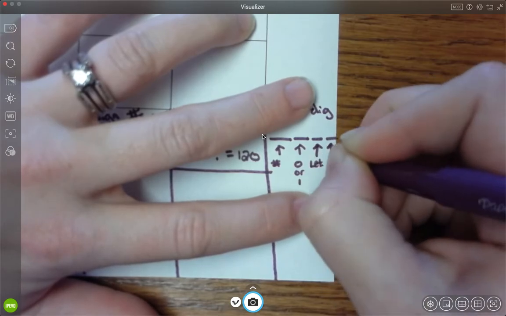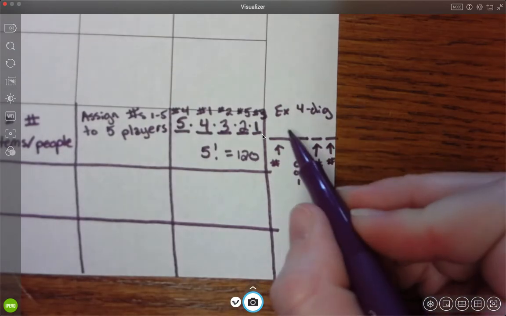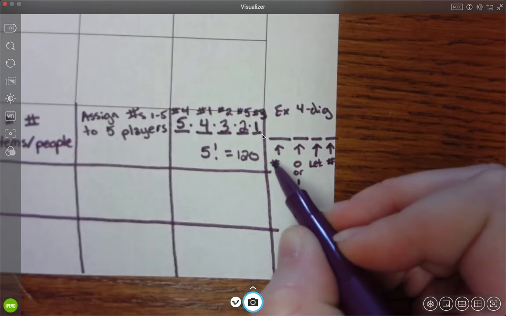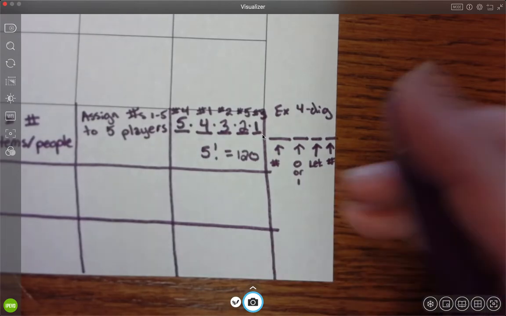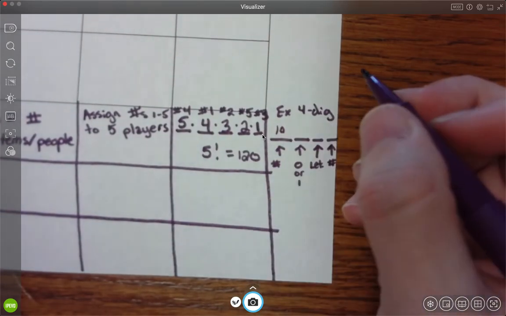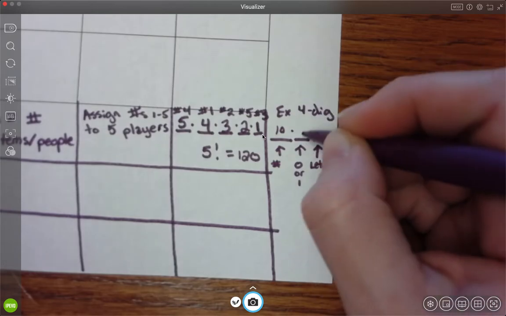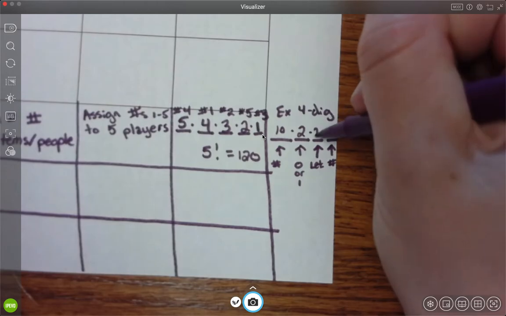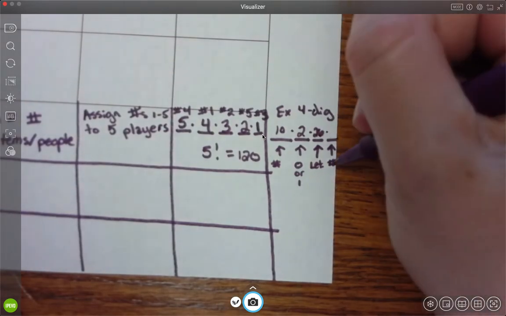In this case, this is another kind of permutation. This one can be a number. There are 10 numbers, 0 to 9, 0 included. So 10 numbers here that this could be, multiplied by this has to be a 0 or a 1, so there's only 2 things that could go in this spot. A letter, there are 26 letters, so 26 different characters could go in that spot, and then another number is another 10 here.